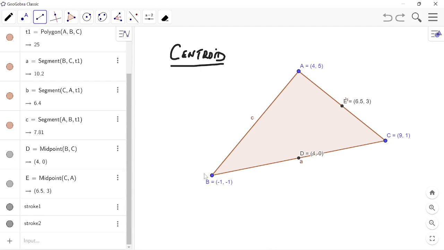Getting the coordinate of the centroid point is a very simple procedure. Step number one is to identify the midpoint. In any question that you can be given in an examination, it is not a must that you should be given a diagram.